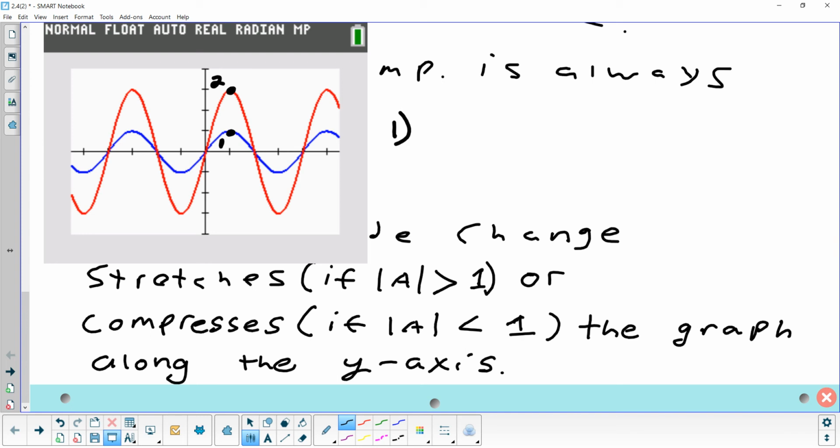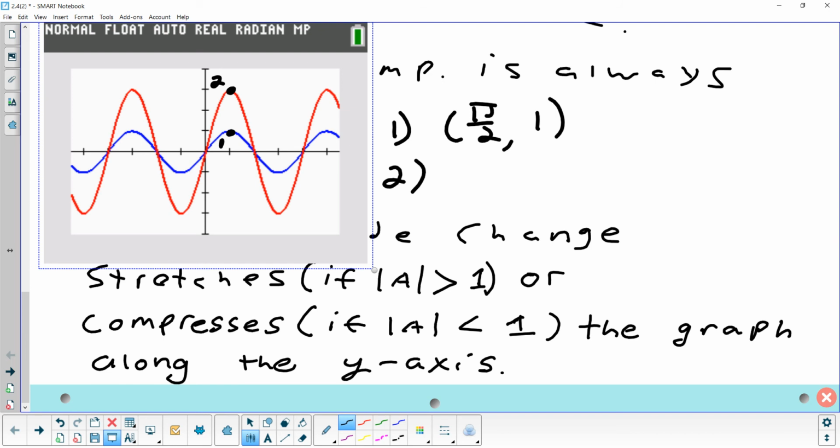The coordinate for point 1, remember each one of these tick marks is 90 degrees. We talked about that yesterday. So this is pi over 2, comma, 1. It's at a height of 1. The coordinate, when you multiply by 3, it moves up there.